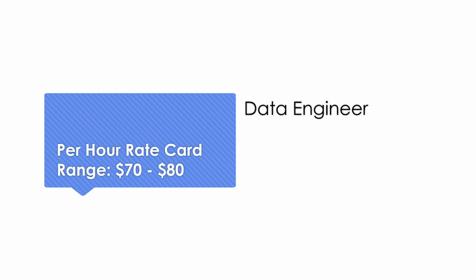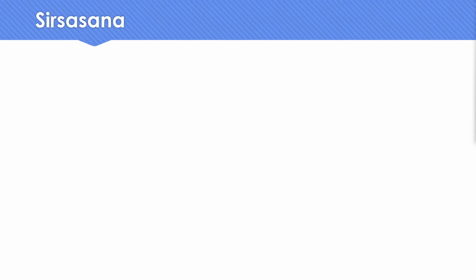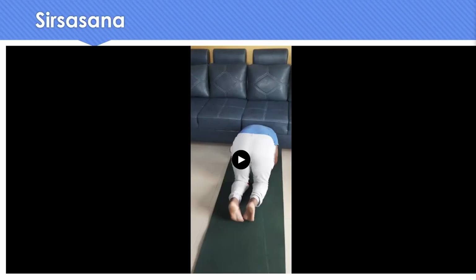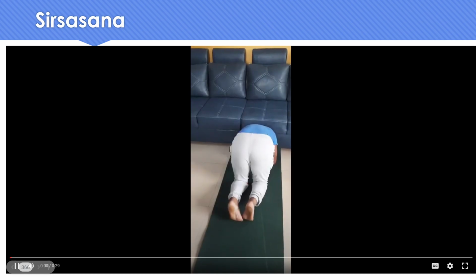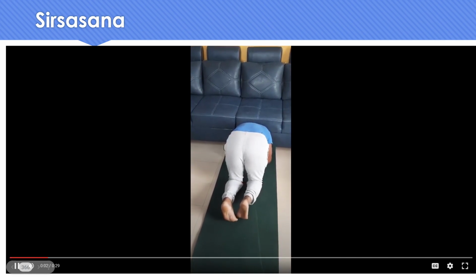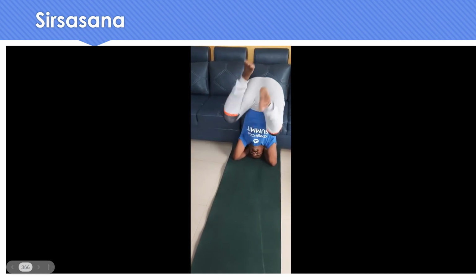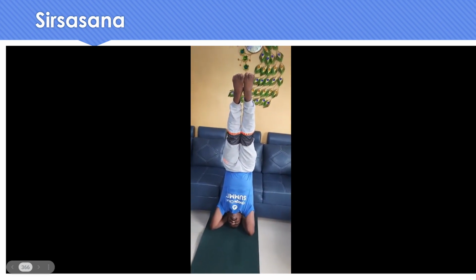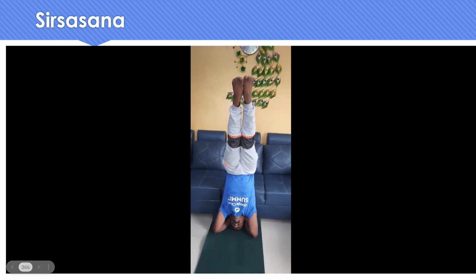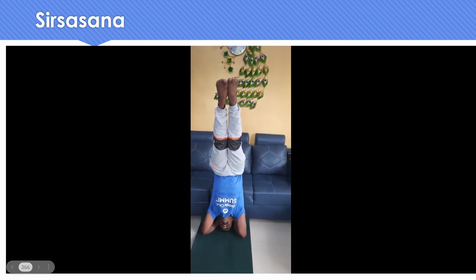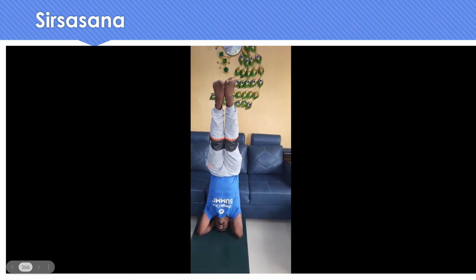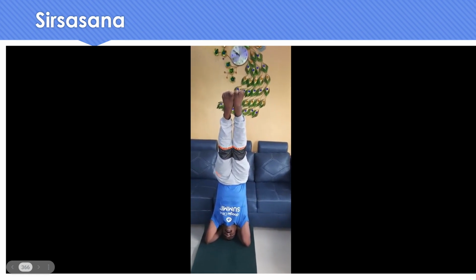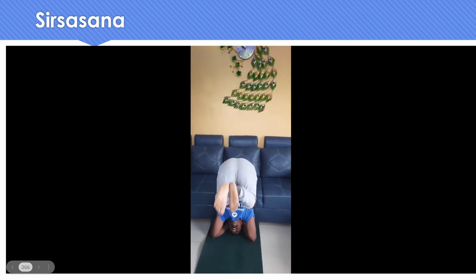Moving on to the last pose, usually called the king of asanas, Shirshasana, where you stand upside down and still stay balanced. It's definitely going to give good blood circulation. It's going to relieve your eyes, and there's also balance required, right?